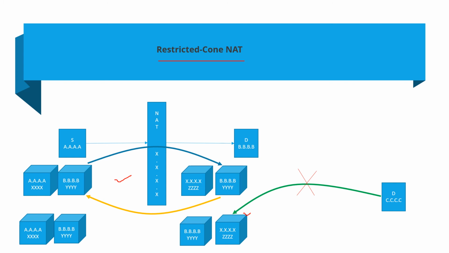Technically, the request has to be initiated first from inside to outside. Then this host can communicate back to the original one. You cannot directly initiate any request to the public IP address.